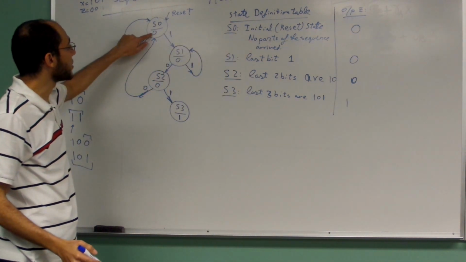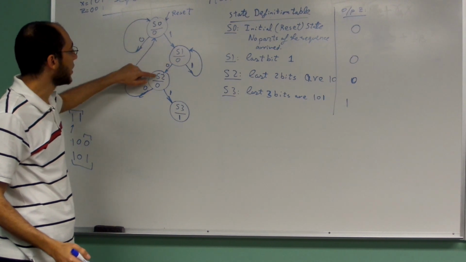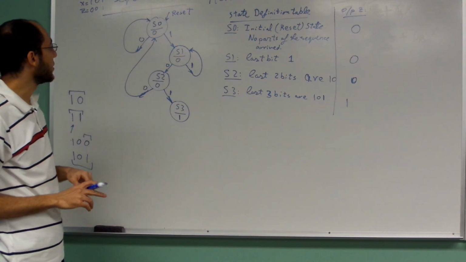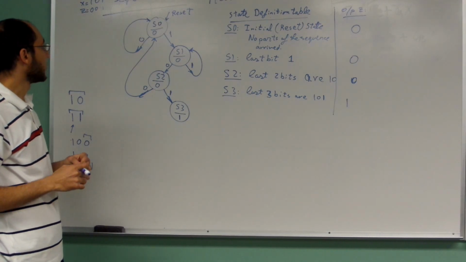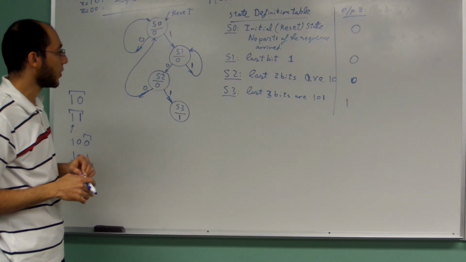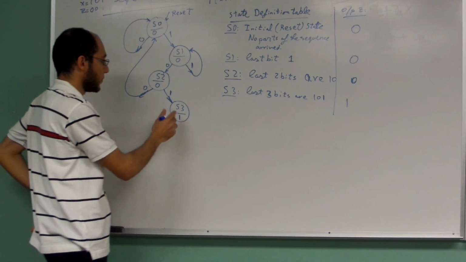So S0 is 0, S1 is 0, S2 is 0, and S3 is a 1. Okay? So let's move forward with the S3.